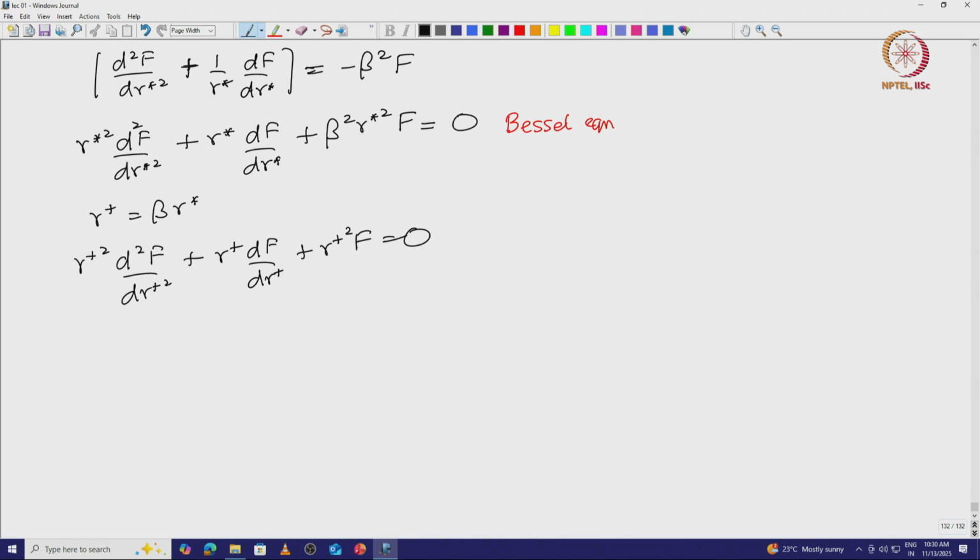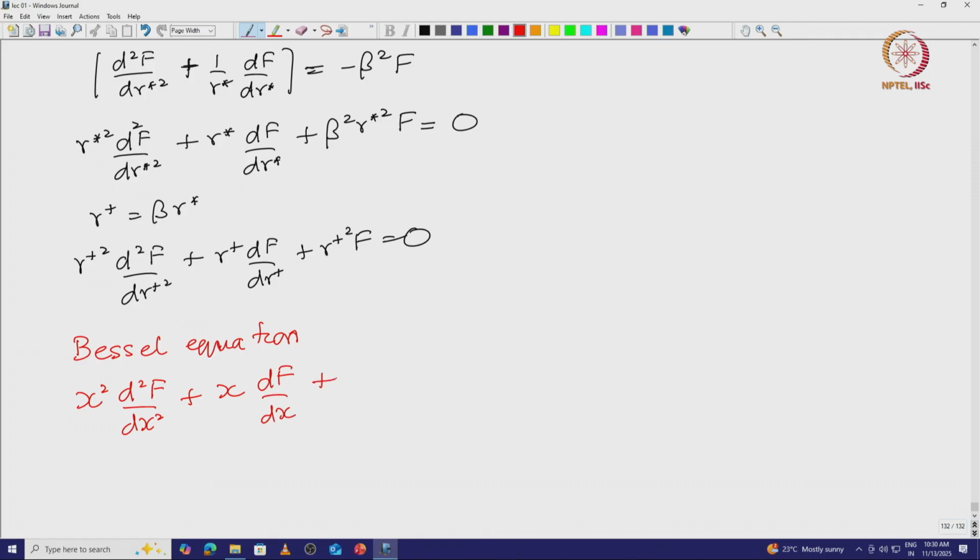This is a particular case of the Bessel equation. The Bessel equation is of the form x square d square f by dx square plus x df by dx plus (x square minus n square) f is equal to 0.